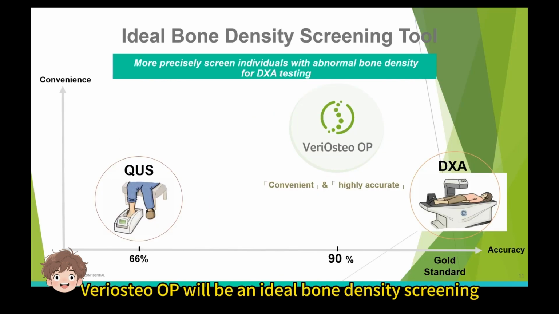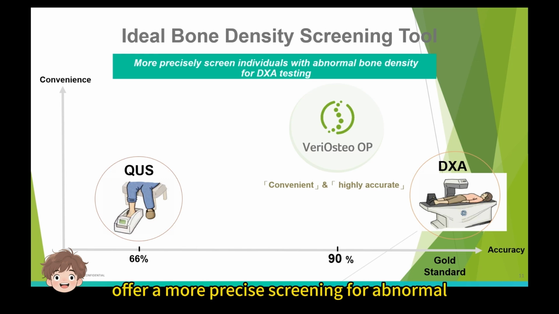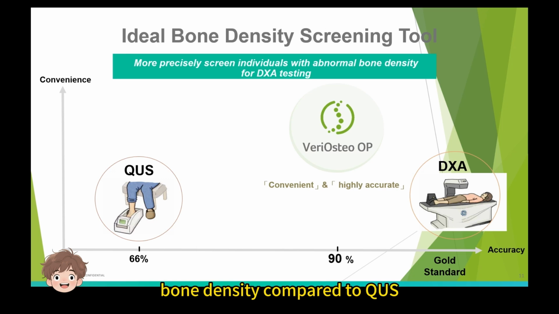Currently, Veriosteo is an ideal bone density screening tool because it offers a more precise screening for abnormal bone density compared to QUS and DEXA. As you can see, it's more convenient and much more accurate compared to QUS. Today our accuracy is up to 89 to 90%.